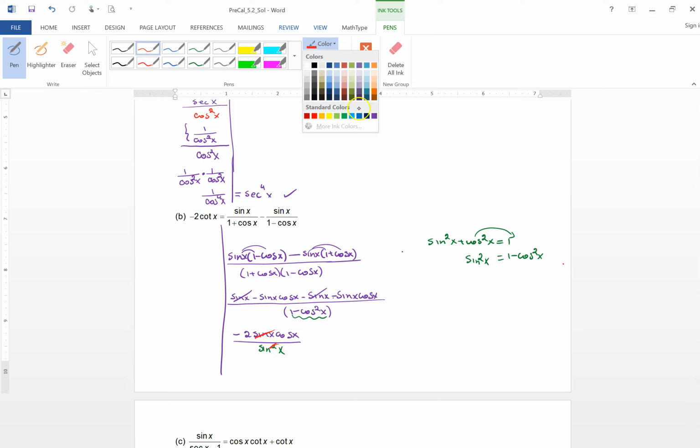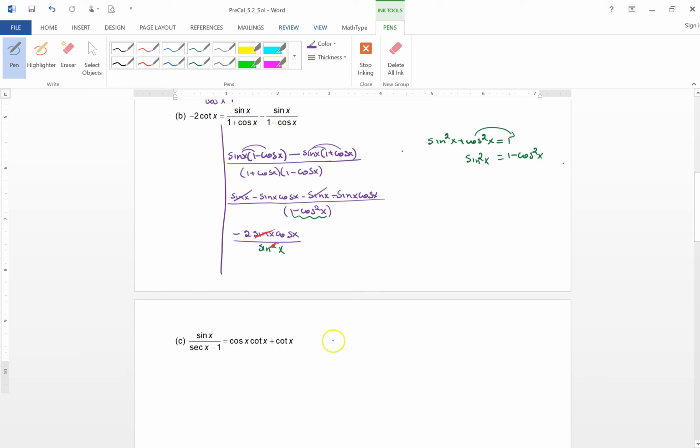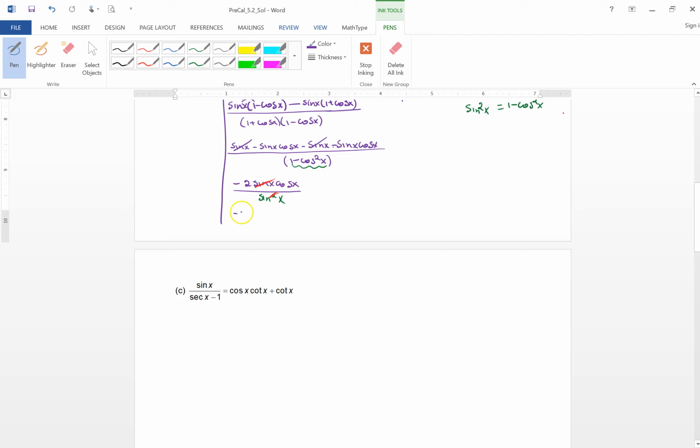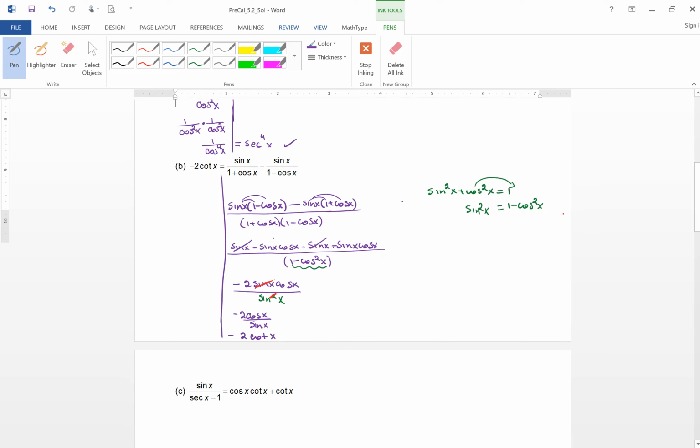So I have negative 2 cosine x over sine x. And what is negative 2 cosine x over sine x? This is negative 2 cotangent x, which in fact is exactly what we needed here. Just like magic.